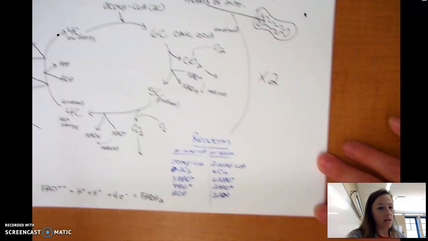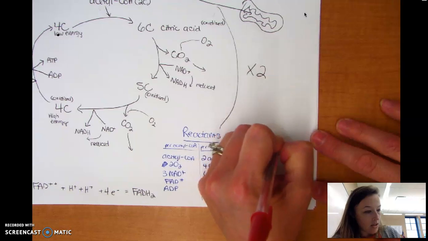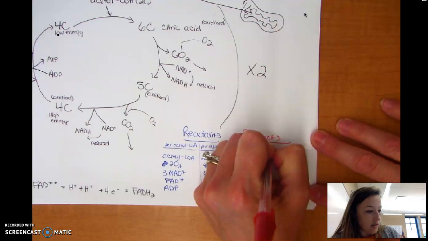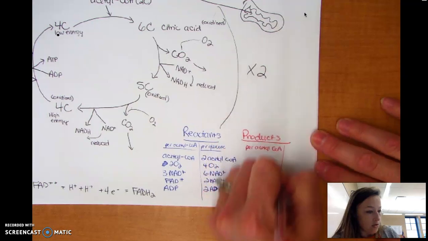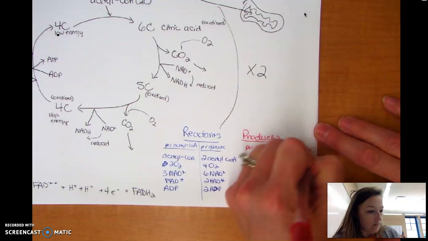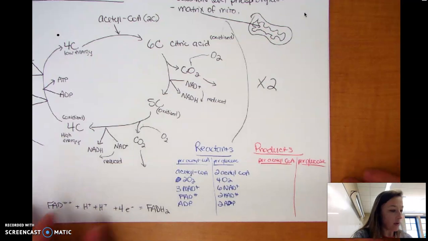All right, so let's look at products. Let's see if I can squeeze these over here, because I'm going to do the same thing. I'm going to make 2 columns. So per acetyl-CoA, and then per glucose, because I want you to see both just in case you have to deal with both.